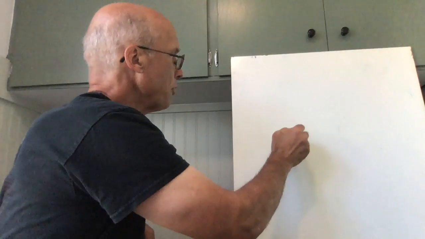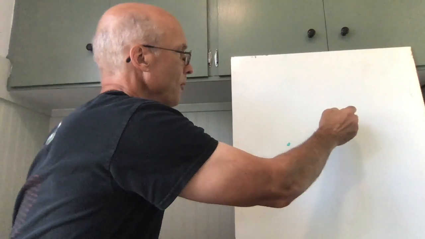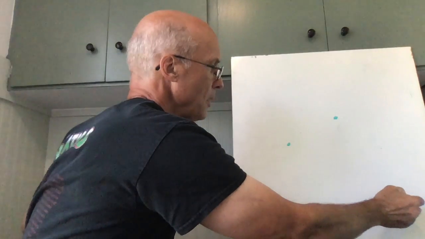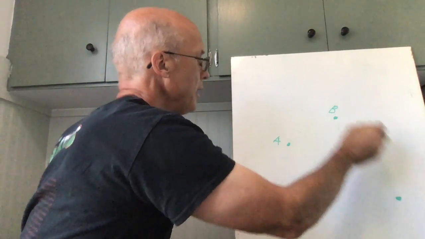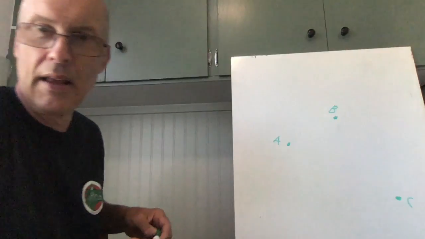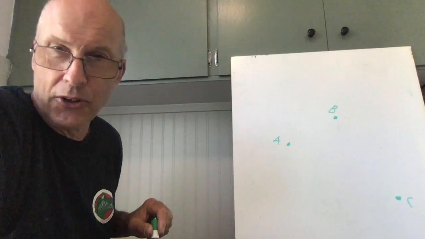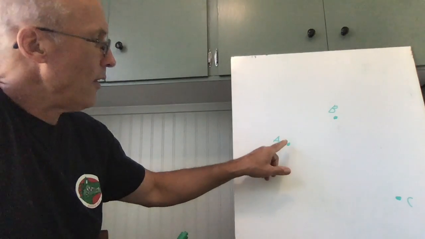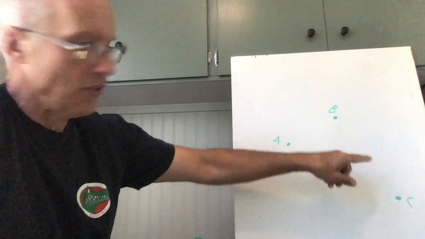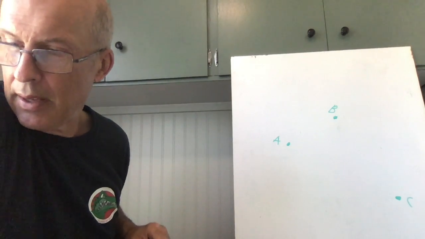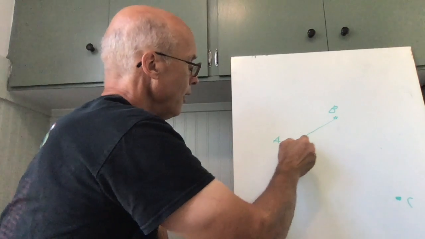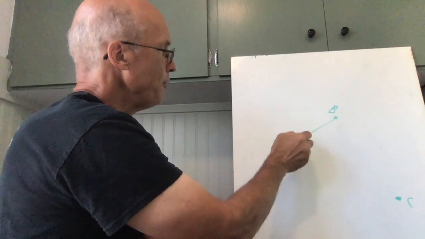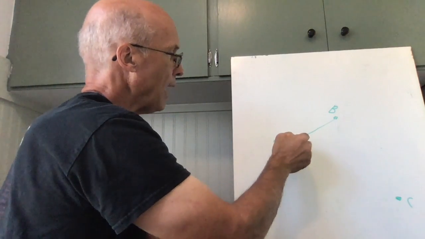So if you have any 3 points, we'll call them A, B, and C, and I want to draw a circle whose edge contains those 3 points, here's how you do it. You draw this line and you figure out the perpendicular bisector of this.